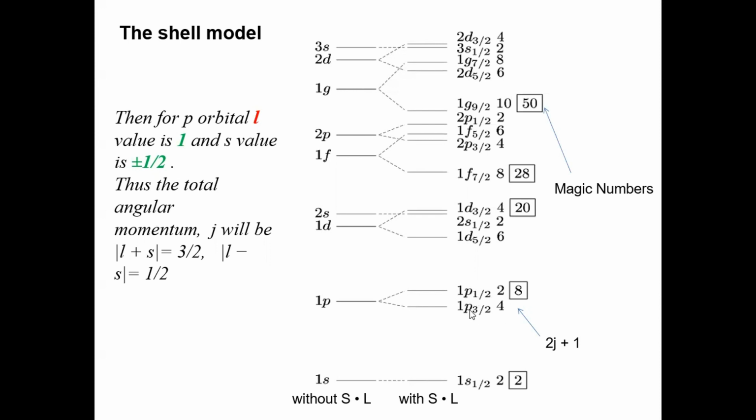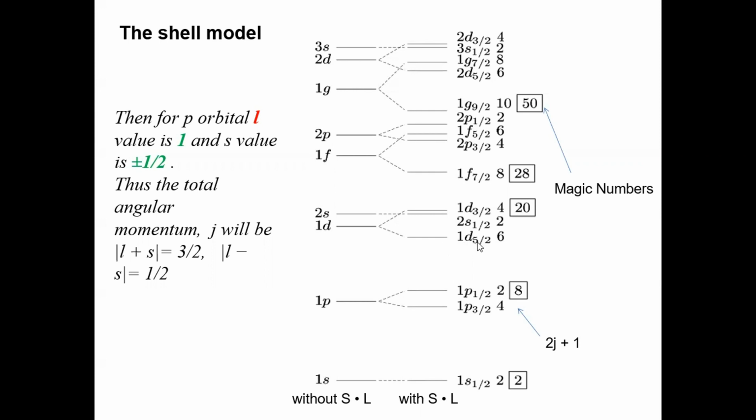And for P equal to 3 by 2, the total number of the nucleons that will occupy is given by 2 multiplied by 3 by 2 plus 1, which is equal to 4. For 1 by 2, 2 multiplied by half plus 1 is 2.